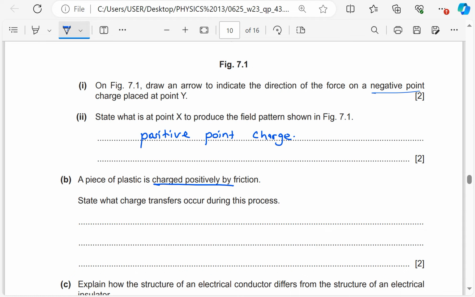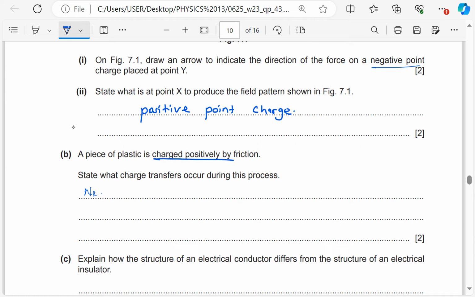So negative charges move out of the plastic, leaving behind more positive charges on the plastic.